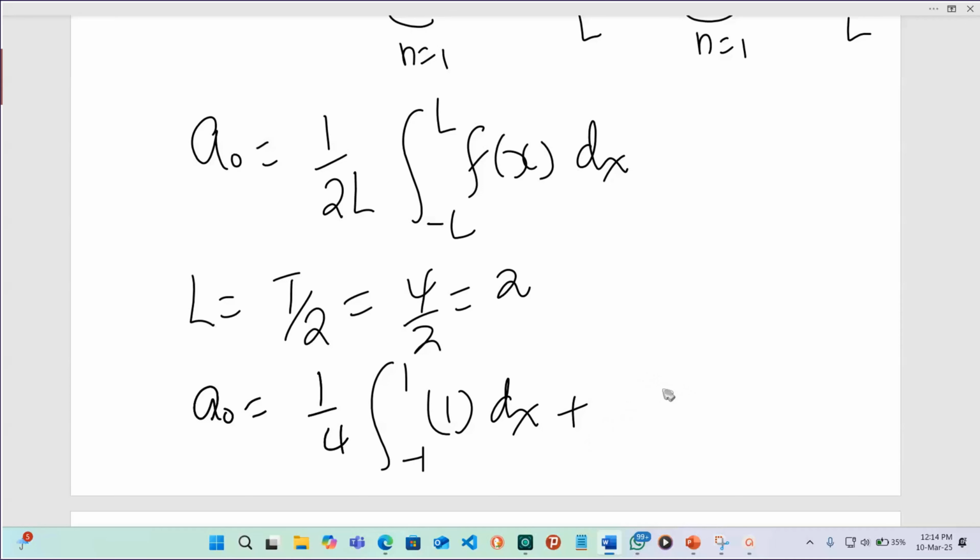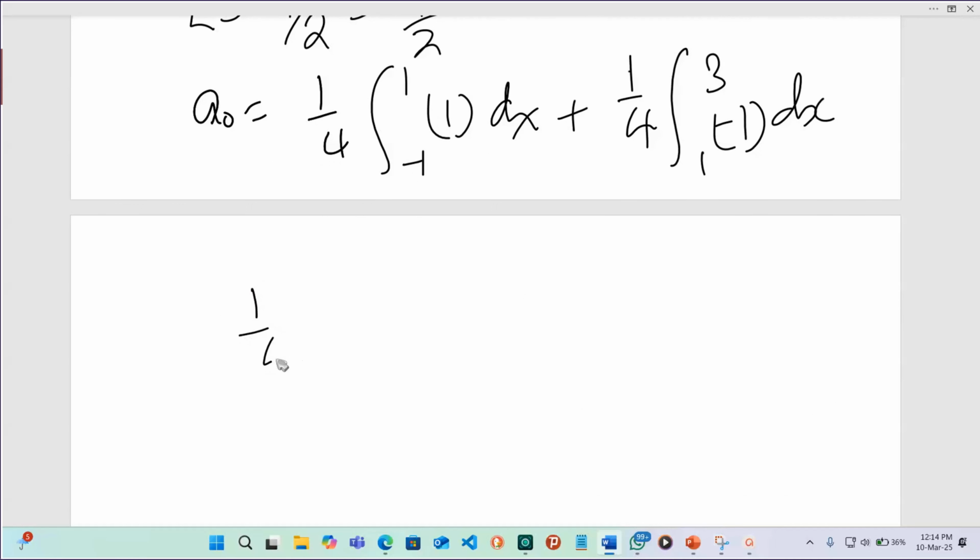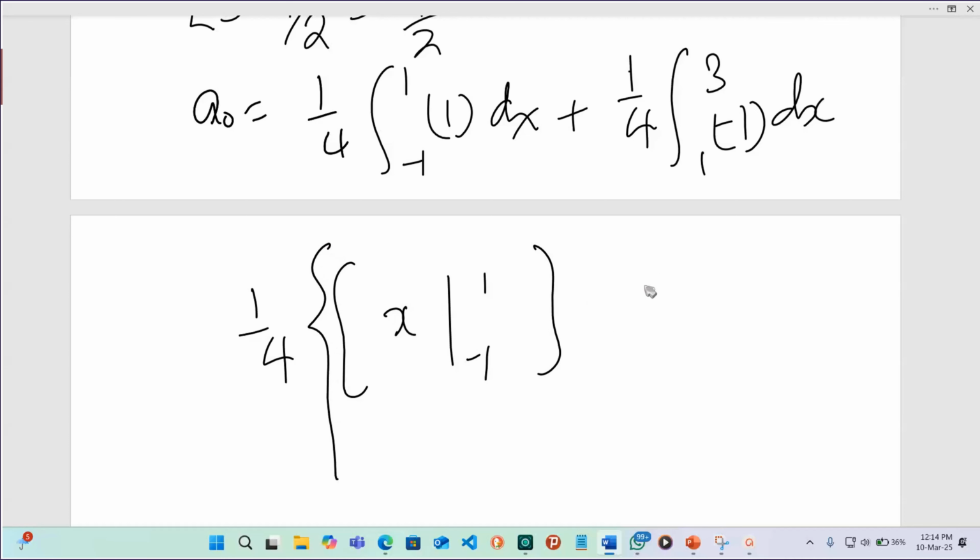Then plus, we also have a quarter, integrating from 1 to 3 of negative 1 with respect to x. So you can see that this is a quarter into x from negative 1 to 1. Then we also have negative x from 1 to 3.